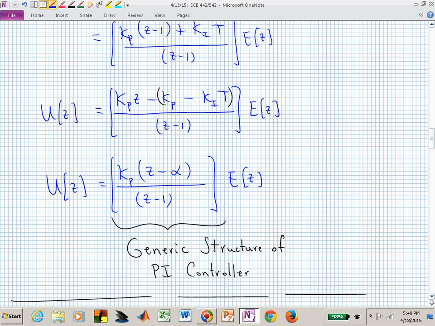That's how to think about a PI controller, because this class is a controls class. We're trying to figure out how do we use, for those of you that are listening, you can't see what I'm doing, but I'm flavoring my Z-plane with a 0 shaker and a pole shaker, and I'm sprinkling poles and zeros in the Z-plane to try to improve the dynamic behavior of the closed loop system.